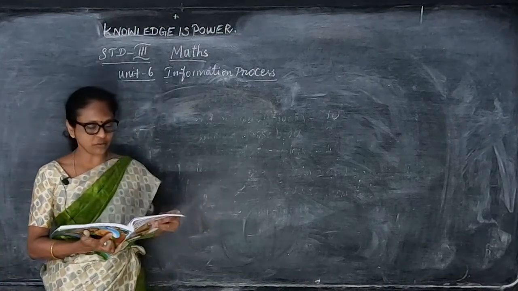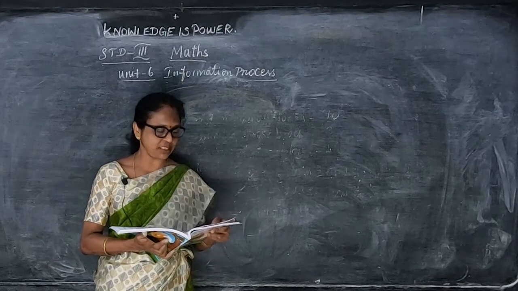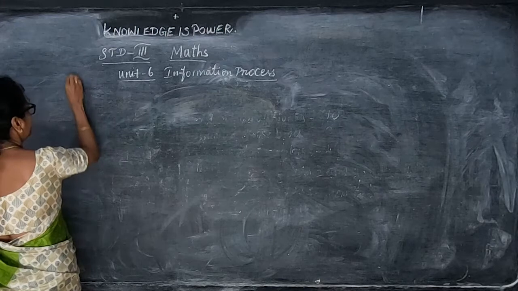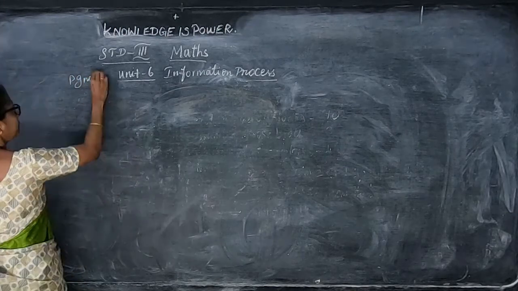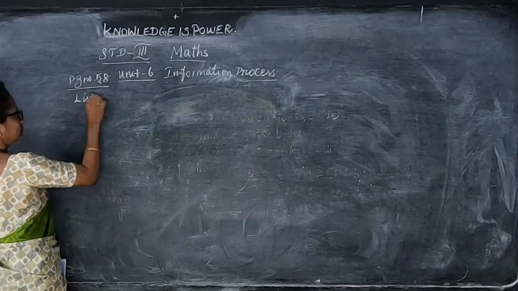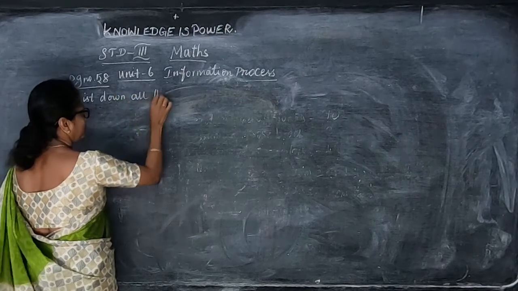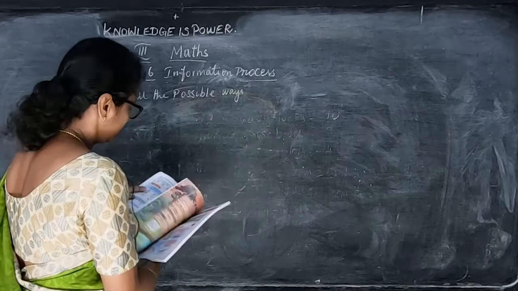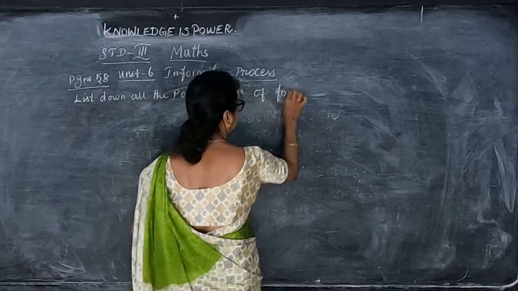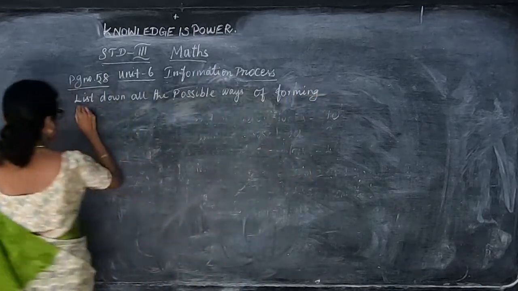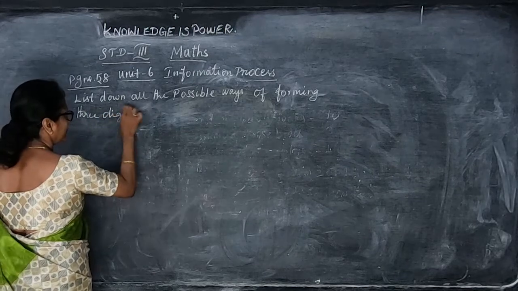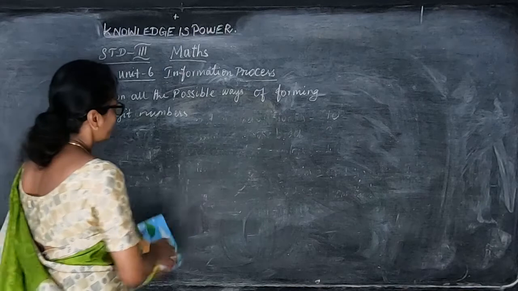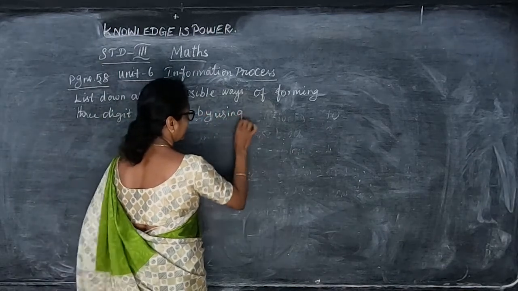Now list down all the possible ways of forming 3-digit numbers by using the digits 4, 5 and 7.